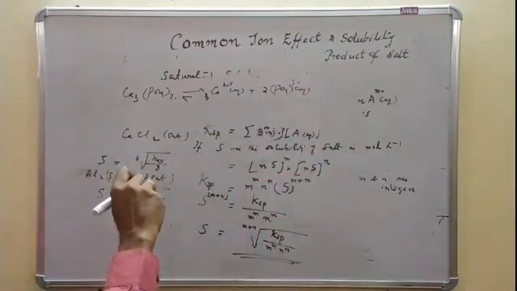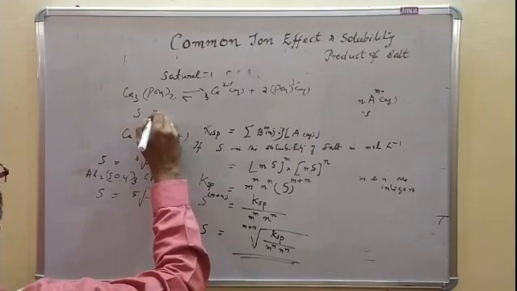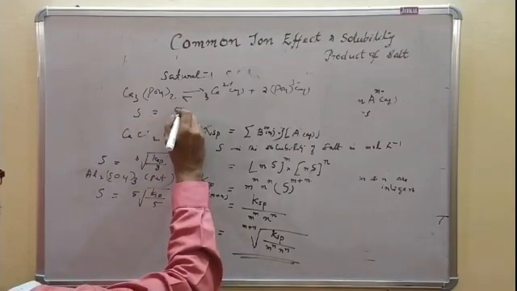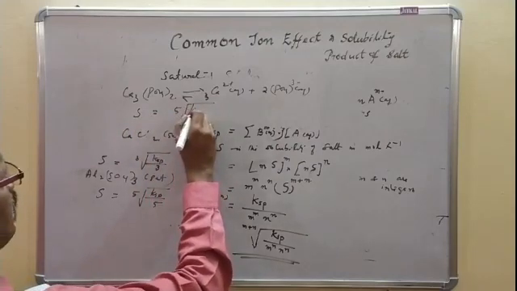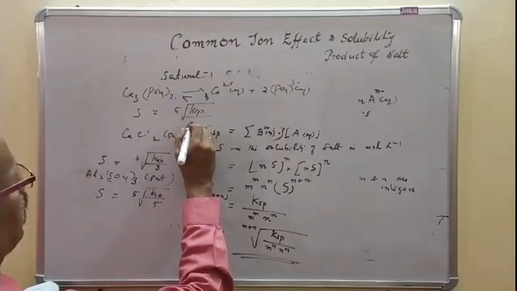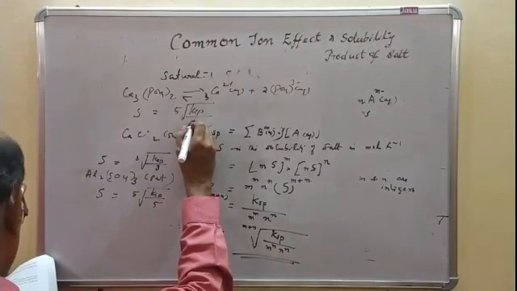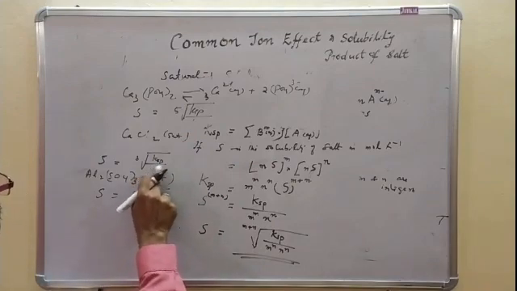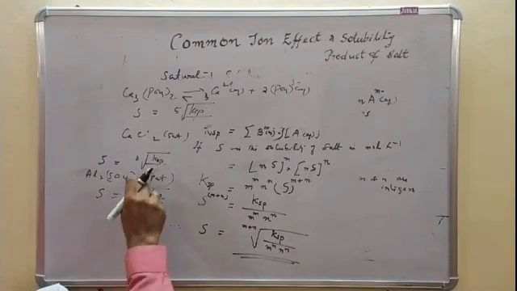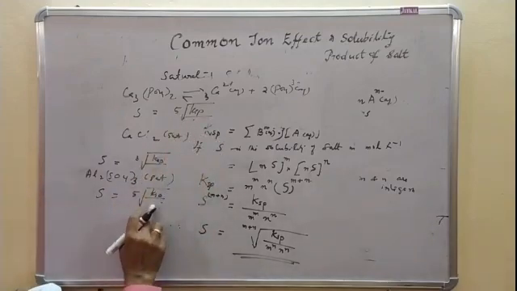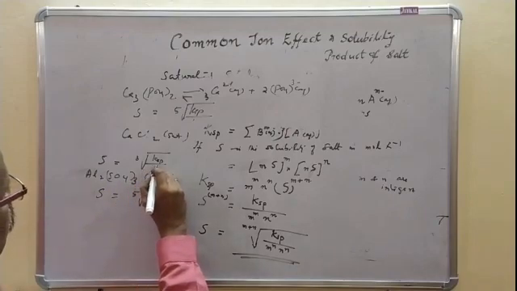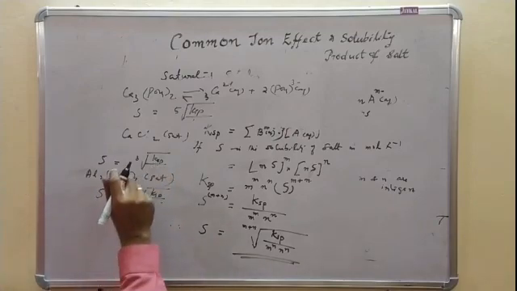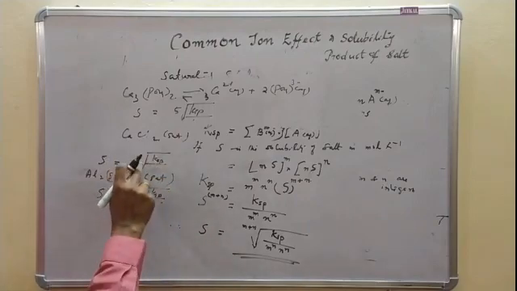So in this case we have the equation S is equal to like this, Ksp of the salt divided by m raised to m. Okay, some mistake is there. This is m plus n raised to, what is the situation? Okay, some mistake is there.